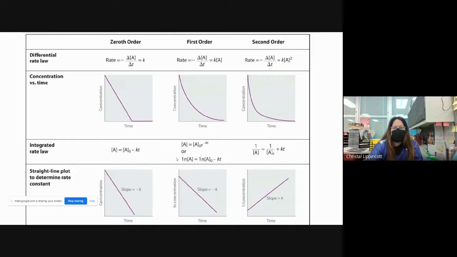This is your second equation in the kinetics section. And guess what this is? The third one. So if you know the concentrations and you know the time, you can solve for K.